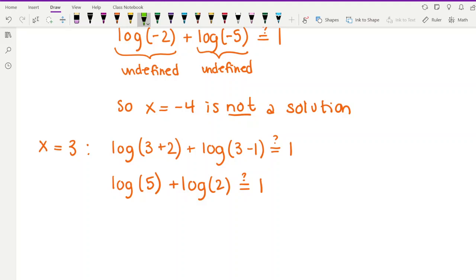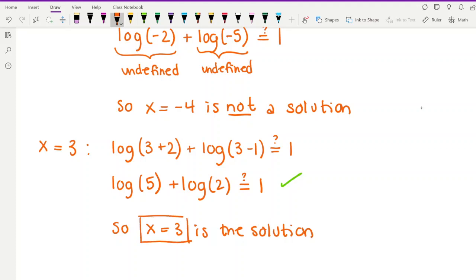Because when we did that combination rule, we made it so that negative solutions were possible when they really weren't possible in the original format. And so this works out. This is fine. These are both defined. There's no issue. We're taking logarithms of positive numbers. This tells us that x equals 3 is the solution. It's actually the only solution to our equation.